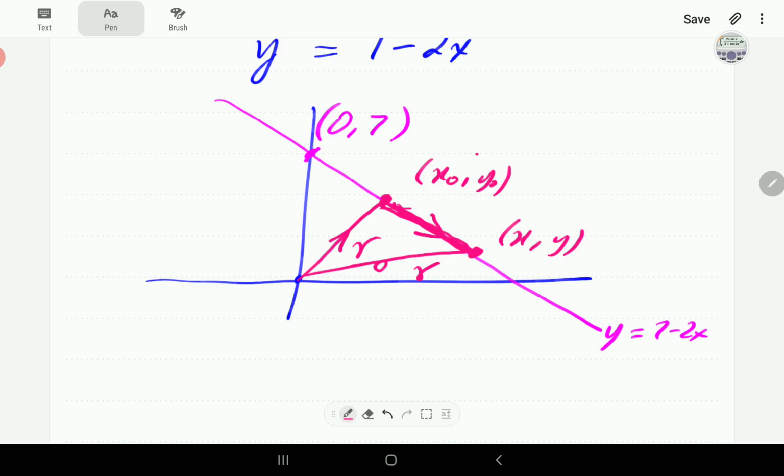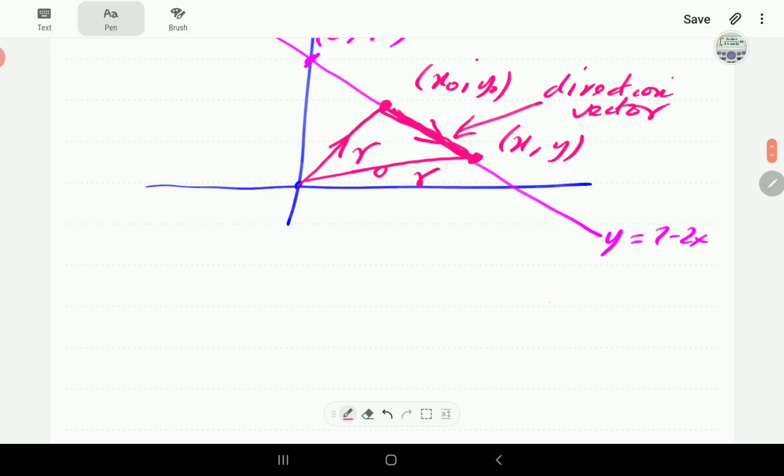Then this second vector is going to be determined by the gradient of this line. In fact, this vector is what is called the direction vector. This one, r0, is a constant vector, which we can choose to be any point on the line. So let's talk about the direction vector.